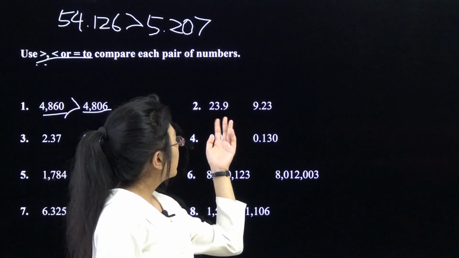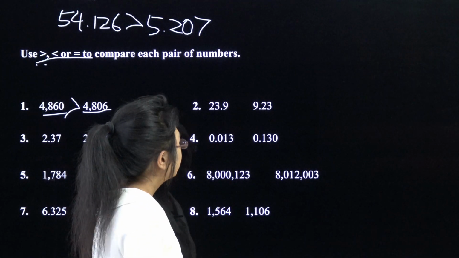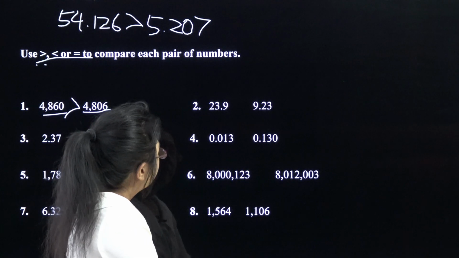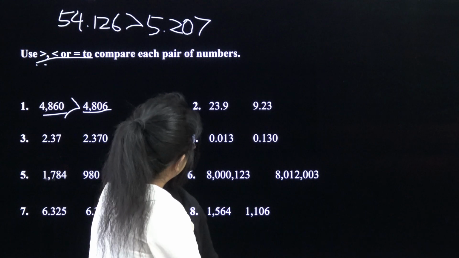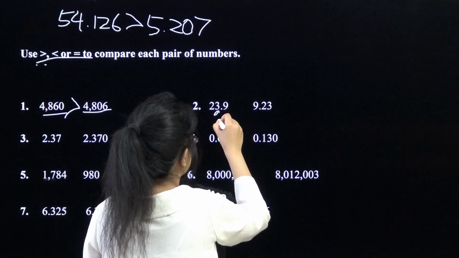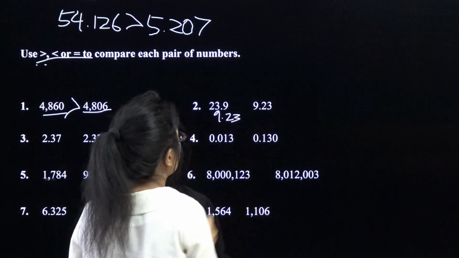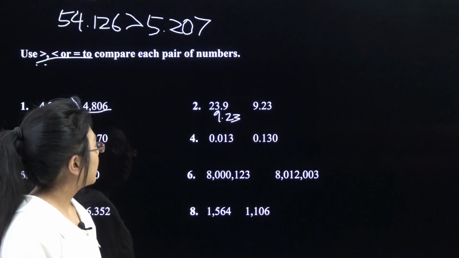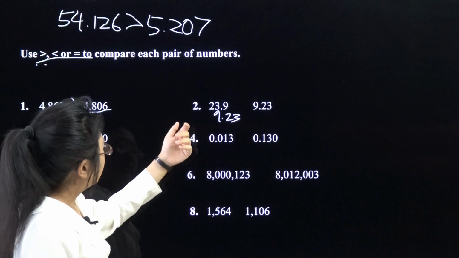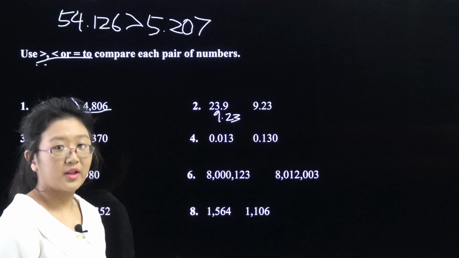Over here, we do, in fact, have a decimal point. Now, we look at it, and we line up the decimal point. So if we line up the decimal point, we realize that 9.23, the second number, does not have a tens place.